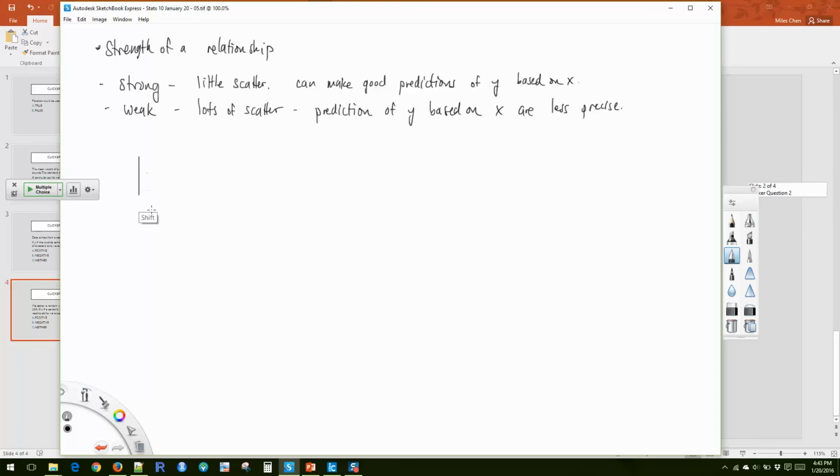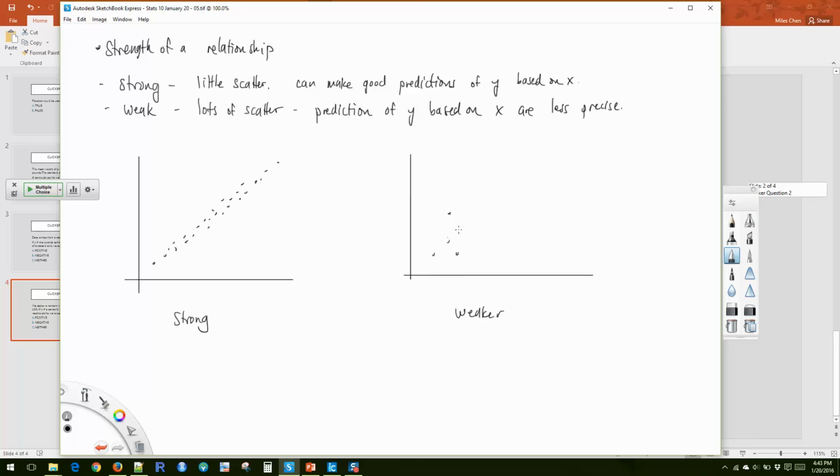Okay, and so a strong relationship would look something like this, whereas a weaker relationship would, and these are just kind of exaggerated pictures here, look something like this. So overall still positive.